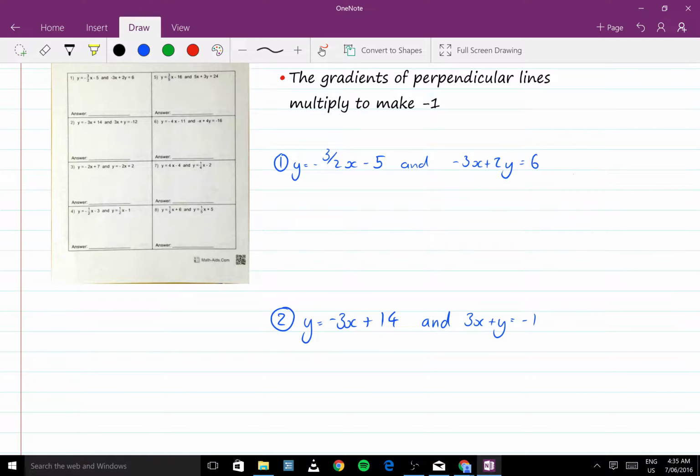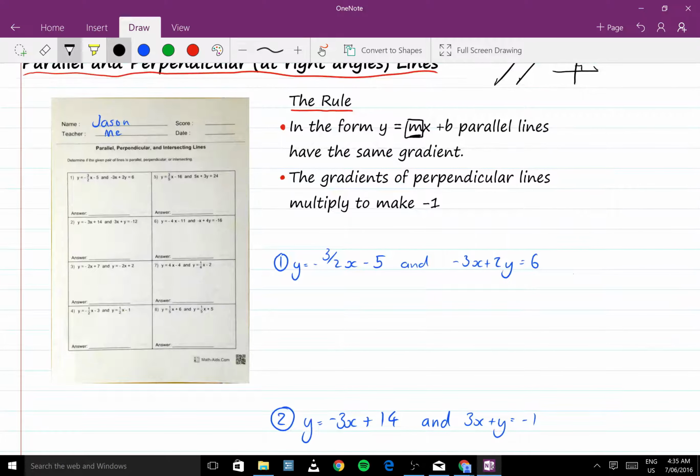In the first one, we've got y equals -3/2x minus 5, and -3x plus 2y equals 6. Okay, so it's hard to see if these are parallel or perpendicular or anything at the moment.